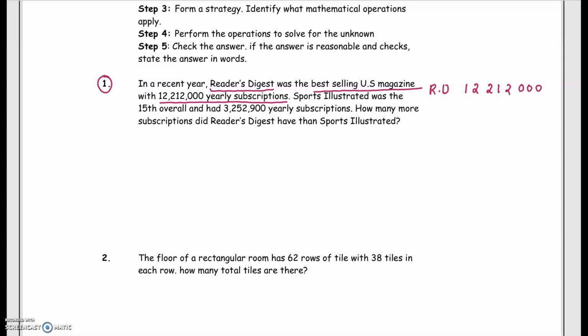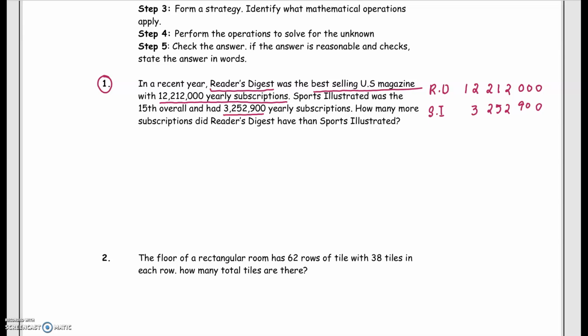12,212,000 annual subscriptions. Sports Illustrated is another magazine that has 3,252,900 annual subscriptions.